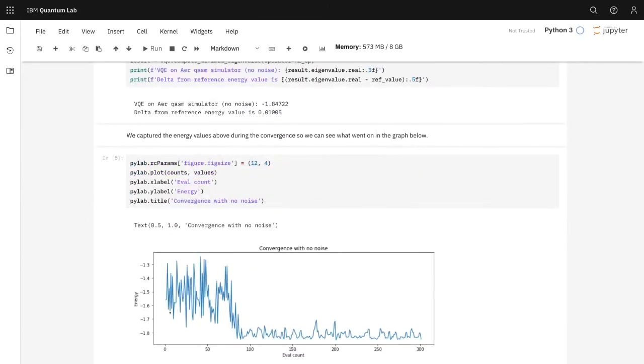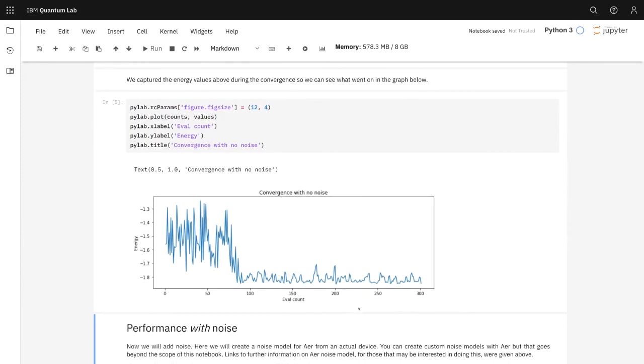As you can see, you have more oscillations here. This is a direct result of this stochastic noise I've been talking about. And even in the end, it still oscillates, but around the right value.